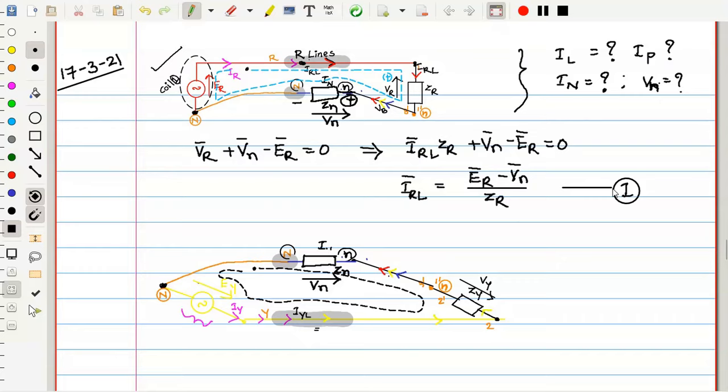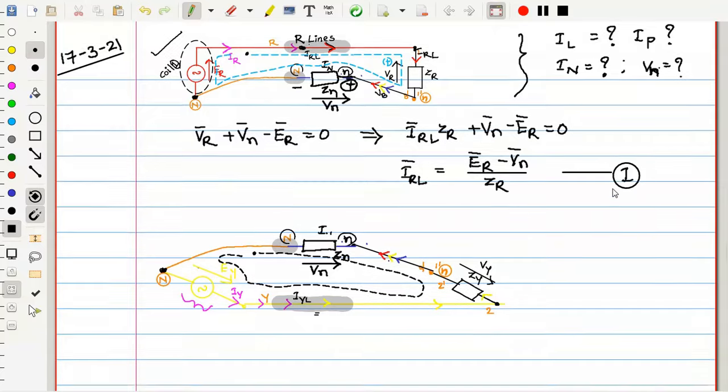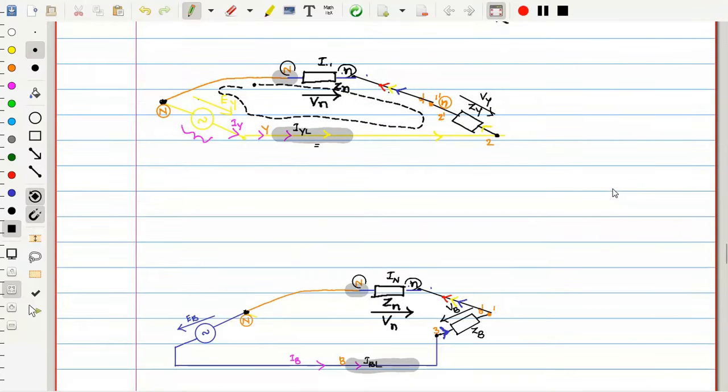We will use this equation in the next step, after finding the remaining two line currents. In a similar way, I request you to write down the KVL for this and write VY is equal to IYL into ZY. Thereby you will get IYL is equal to EY phasor, this is the EY generator voltage, minus the neutral line voltage, that is Vn. This voltage is also considered as Vn.